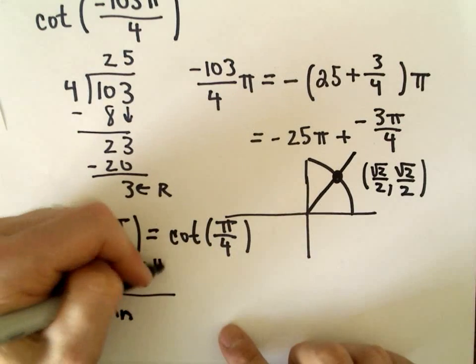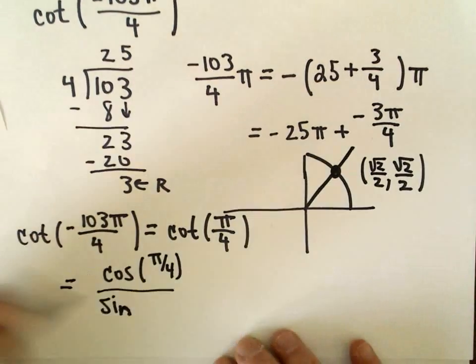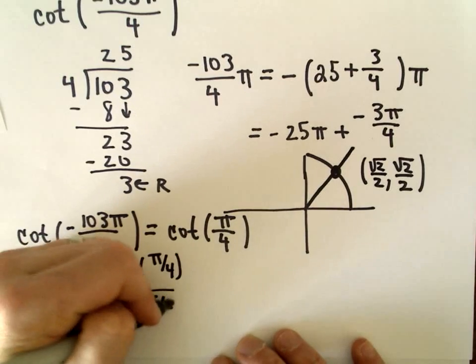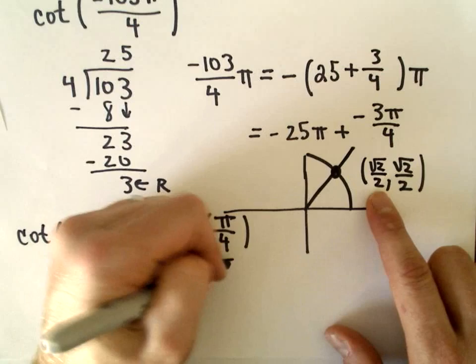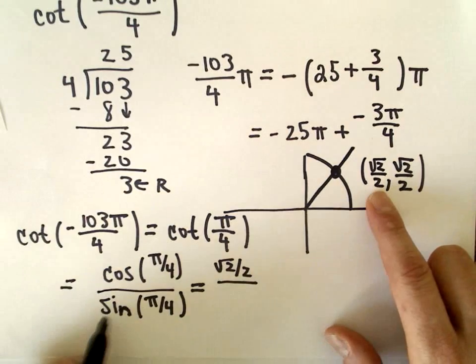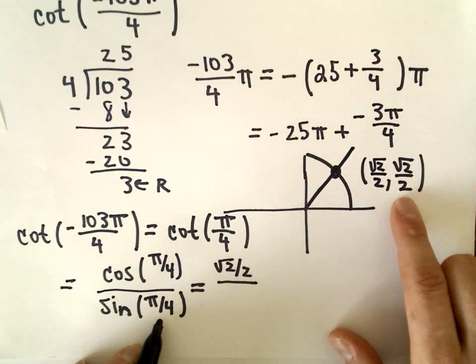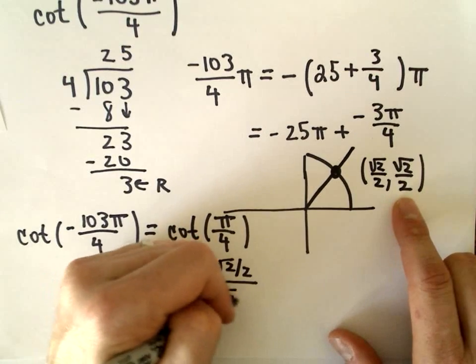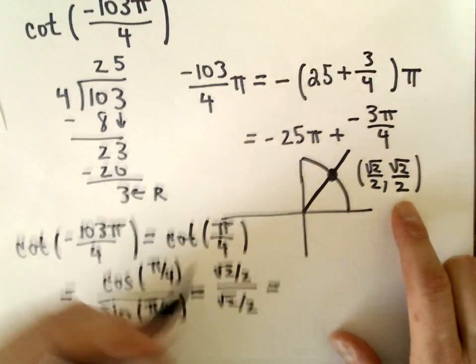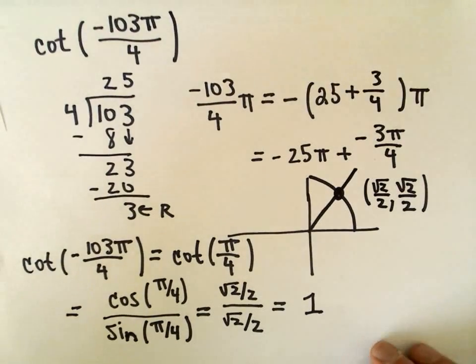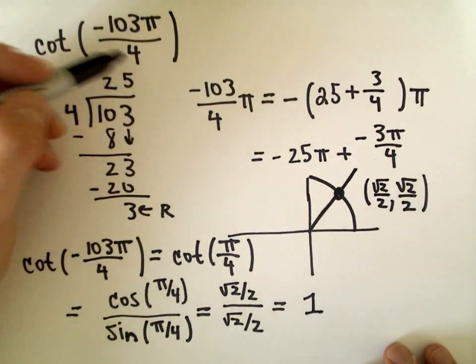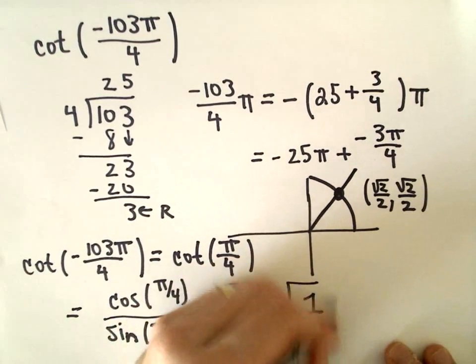So since we're doing it at pi over 4, we'll have cosine of pi over 4 divided by sine of pi over 4. Well, cosine of pi over 4, that's the x-coordinate, which is root 2 over 2. Ditto for sine of pi over 4, that's going to be the y-coordinate, which is also root 2 over 2. Any number divided by itself is going to give you 1. So the value of cotangent of negative 103 pi divided by 4 equals 1.